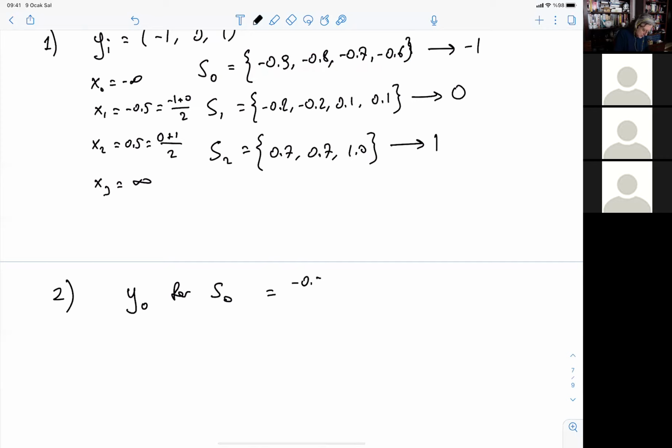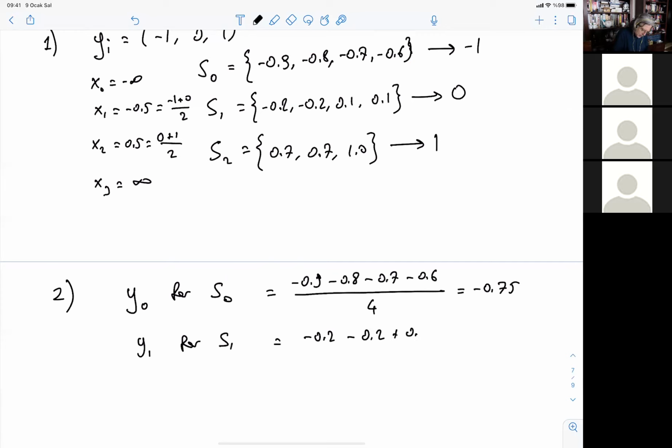That is minus 0.9, minus 0.8, minus 0.7, minus 0.6, added up and divided by the number, which is minus 0.75. Then Y1 for S1 will be minus 0.2 minus 0.2 plus 0.1 plus 0.1 divided by 4, which is equal to minus 0.05.